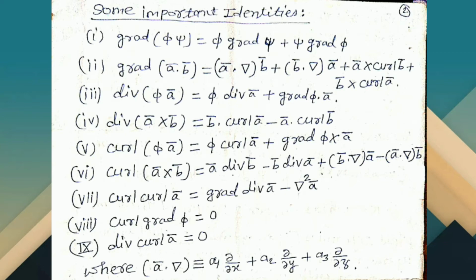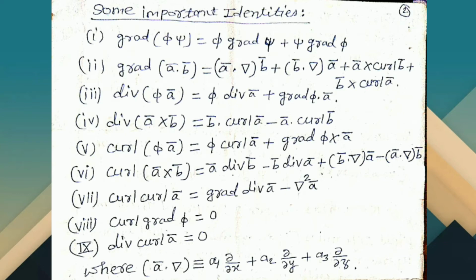Number three, divergence of phi a bar is equal to phi divergence a bar plus gradient phi dot a bar. Number four, divergence of a bar cross b bar is equal to b bar dot curl of a bar minus a bar dot curl of b bar.